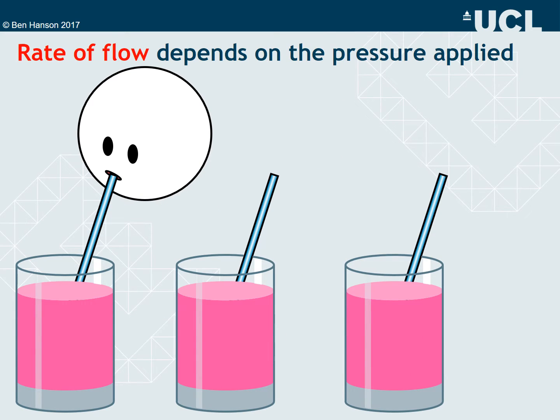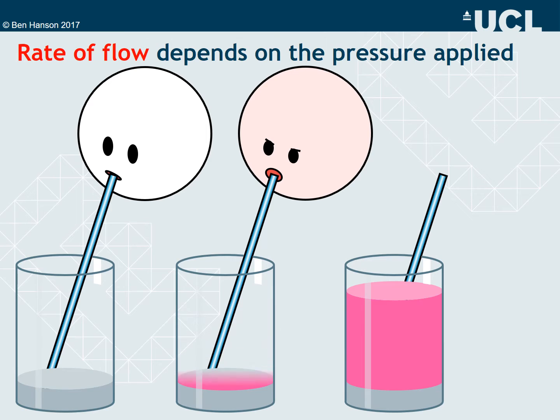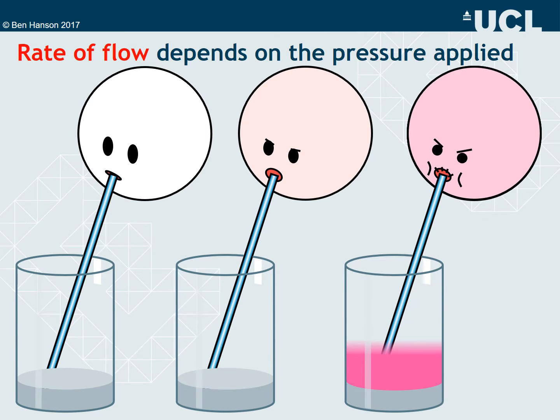Then when you look at the flow resulting as a response to pressure applied, the rate of flow depends on the magnitude of the pressure that you're applying. So you apply a low pressure and you get a slow flow. Apply a higher pressure and it's the rate of flow that changes. Not the total amount of liquid that moves, but it's the rate at which the liquid is flowing.